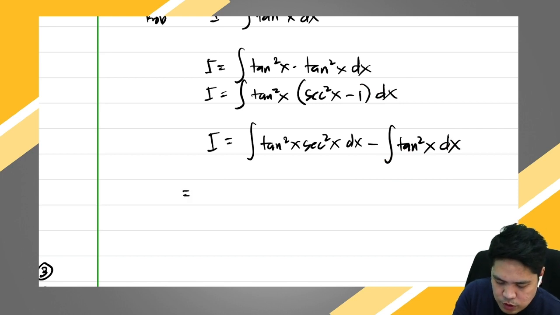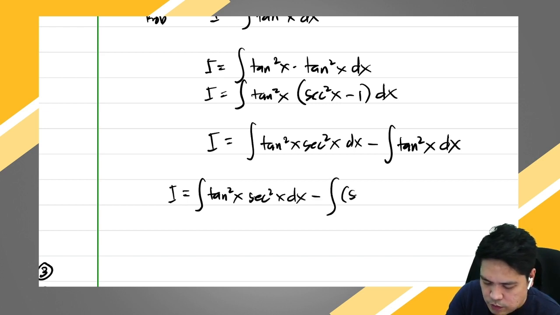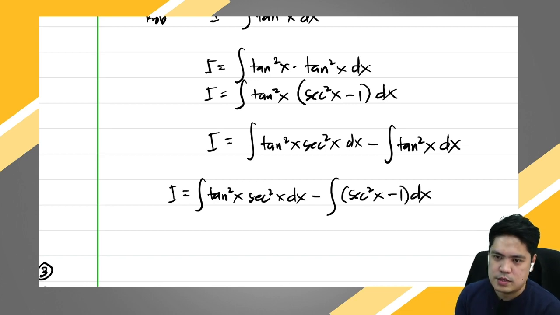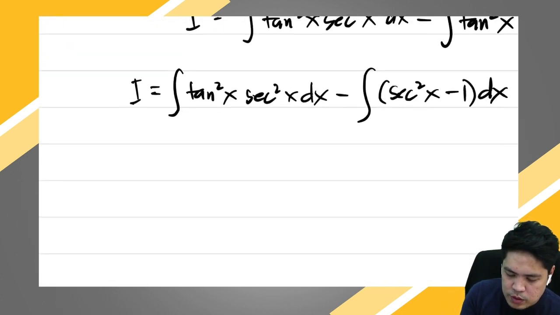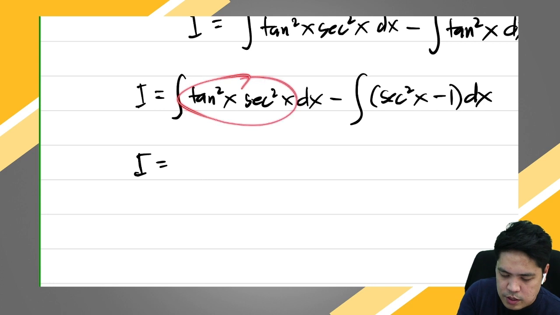So therefore, let me change this first into the integral of tangent squared x secant squared x dx minus the integral of secant squared x minus 1 dx. Okay? So therefore, we'll have I is equal to the integral of this. Again, this is u raised to n du.